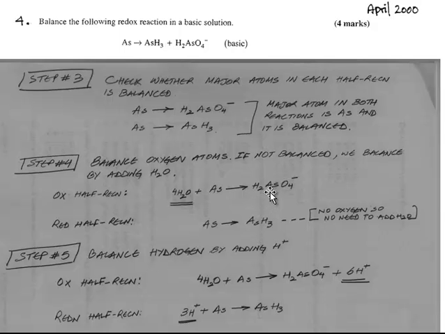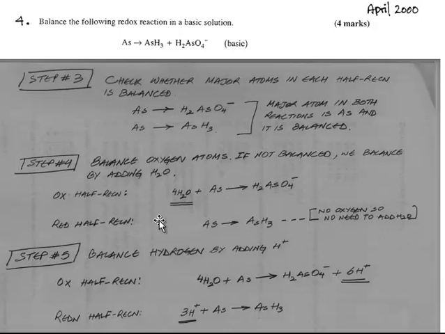So there's an excess of 6 hydrogen on the left hand side. We balance that by introducing 6 H+ on the right hand side. So 6 hydrogen plus 2 hydrogen is 8, and 4 times 2 is 8. So hydrogen is balanced, and so is the oxygen. 4 oxygen here, 4 oxygen here.